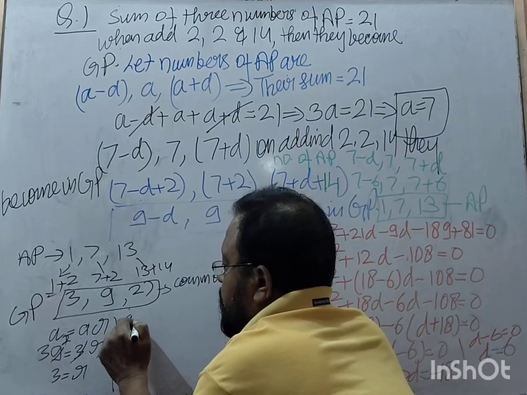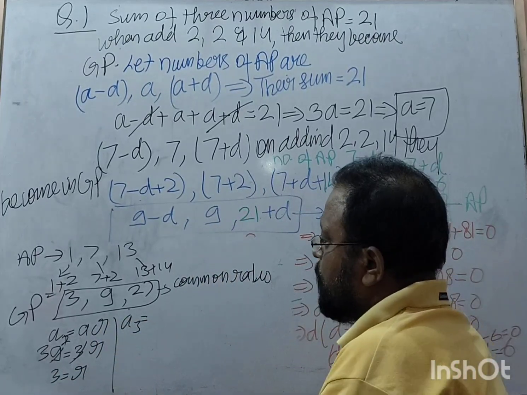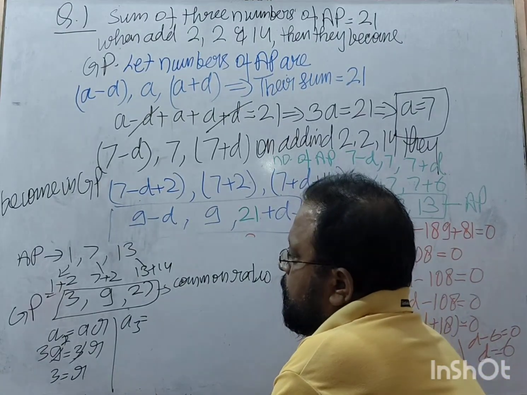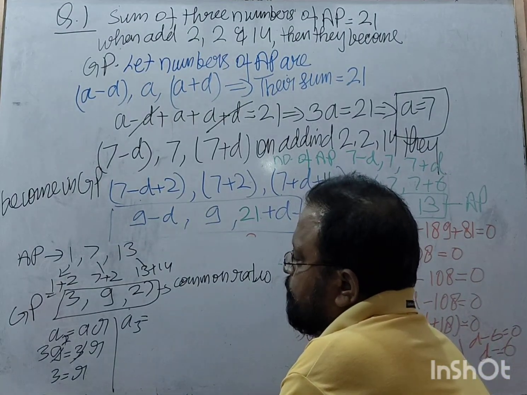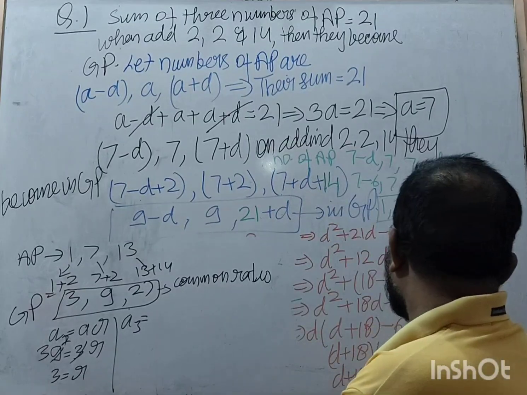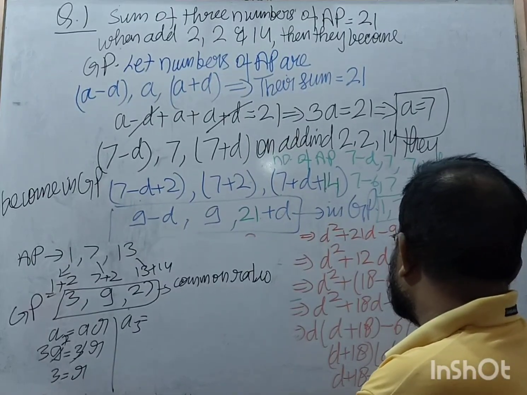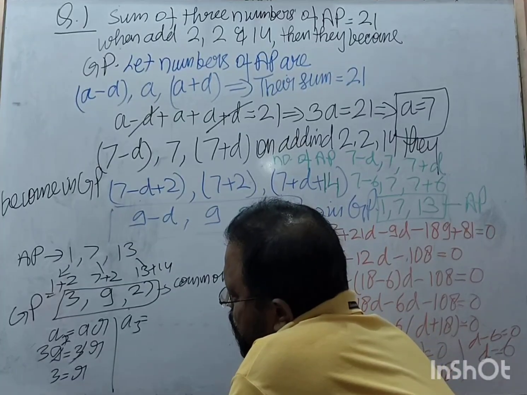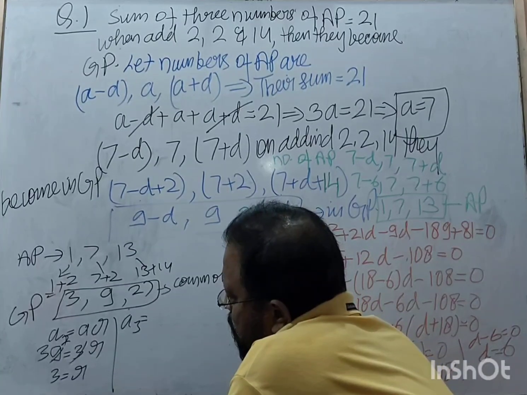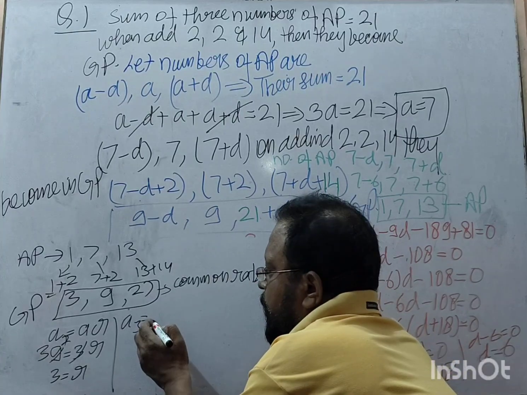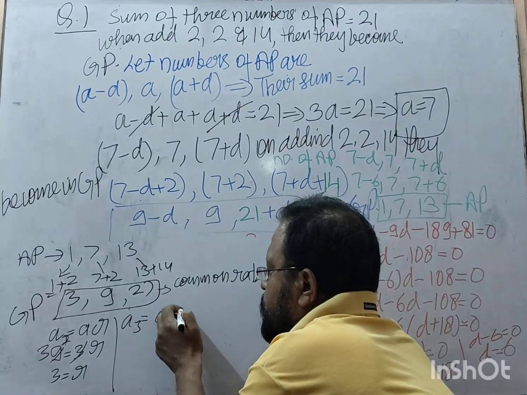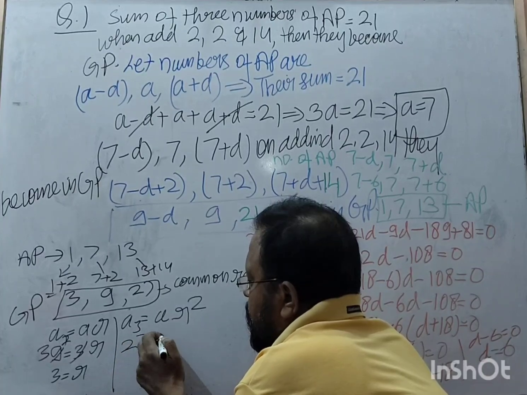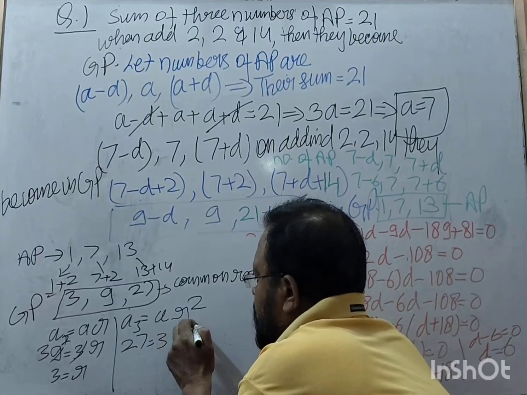And if we take a3 is equal to a r square, it becomes 27 is equal to 3 r square.